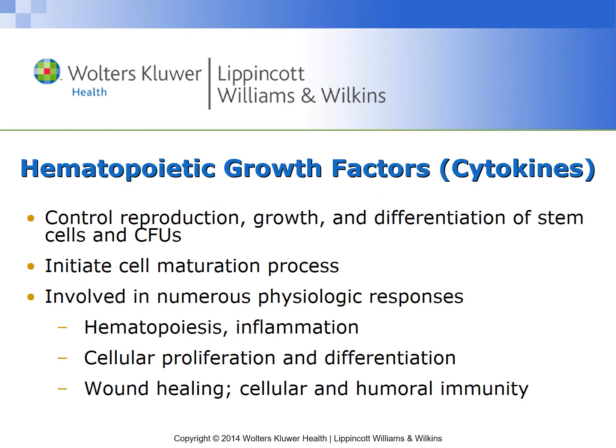And you can see there on your notes that they're involved in a lot of different responses. Of course, the hematopoiesis, they come to the rescue in inflammation, with cellular proliferation and differentiation. They're there for wound healing and for cellular and humoral immunity.